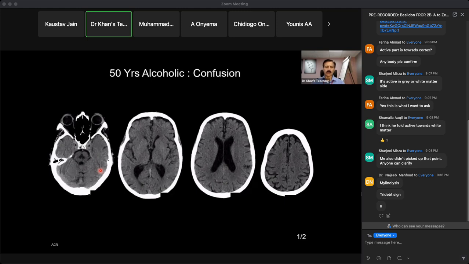You should not correct it more than this many millimoles per 24 hours, which is irrelevant for a radiologist to know. But having said that, if you do it, then there can be demyelination, and this demyelination occurs in the pons, and then you call it central pontine demyelination. By the way, it can be a very severe or significant condition. There is mortality and morbidity.